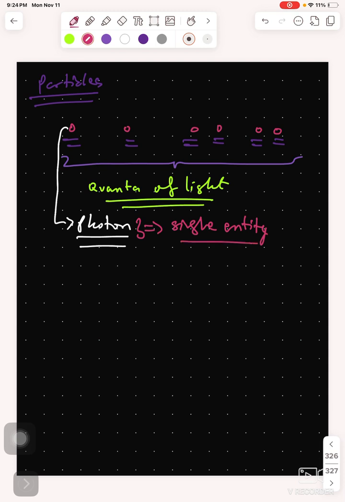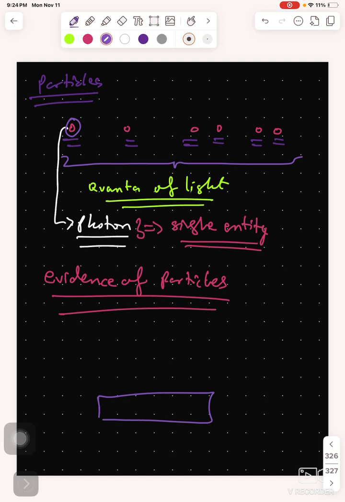Now, for the evidence of particles, the best evidence is the photoelectric effect. We introduce the photoelectric effect.